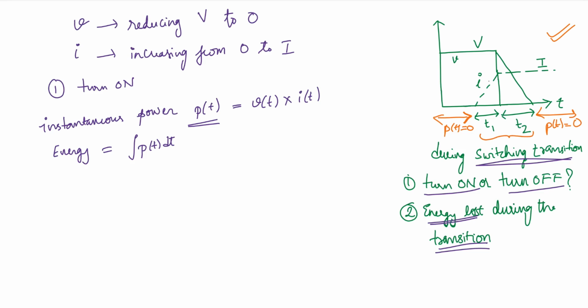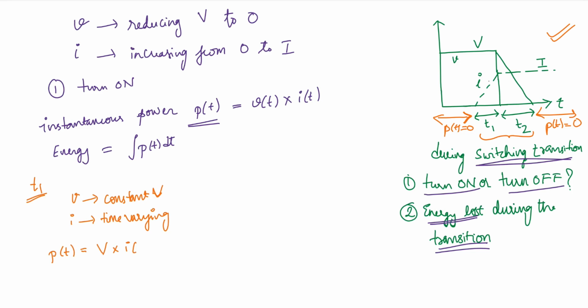If you take interval T1 first, the voltage is constant at V, while the current is time varying. Then what is the instantaneous power at any time t? This will be equal to the constant V times I of t.